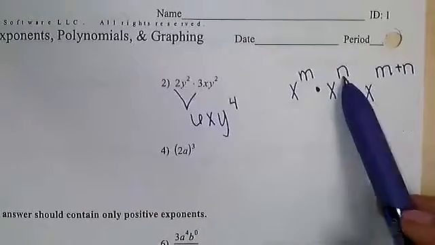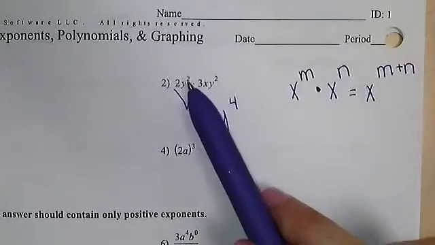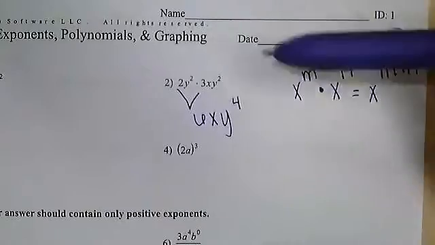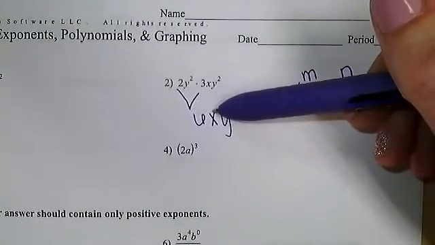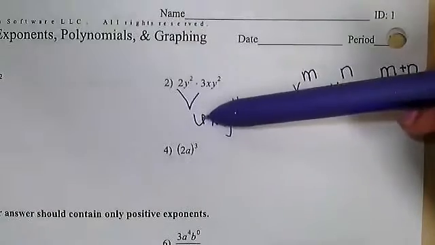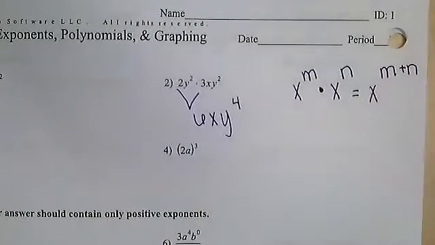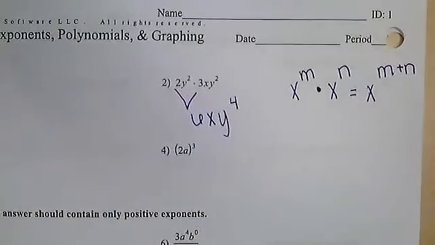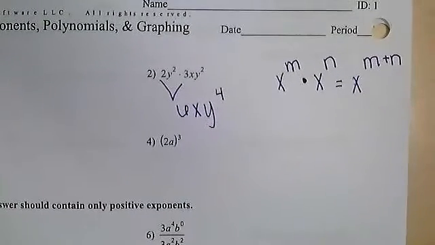But obviously m and n represent numbers. So 2 and 2 add to 4, and the x just slides down in any order you want, but definitely put the number in front, because if the number's not in front, it looks funny. Any questions on that one?